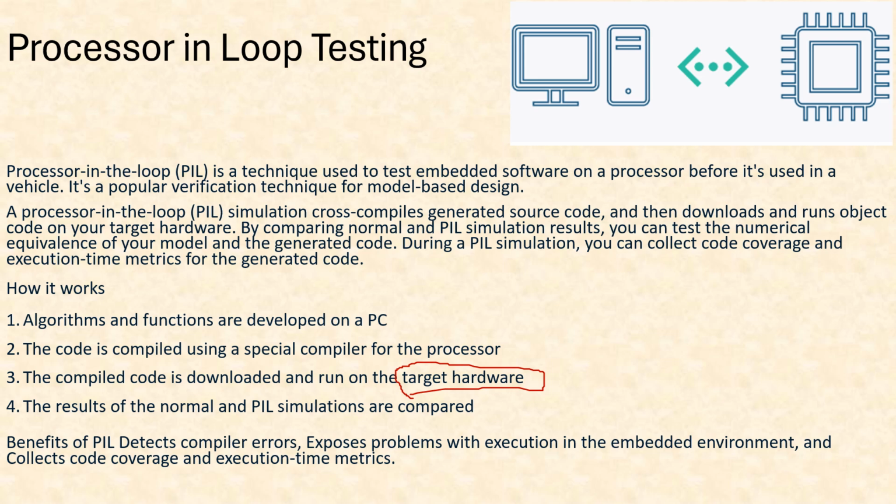How are they compared? The normal simulation is considered the benchmark result, and the PIL simulation is the one we got out of this particular testing just now. Benefits of PIL: it detects compile errors, exposes problems with execution in the embedded environment, and collects code coverage and execution time metrics.